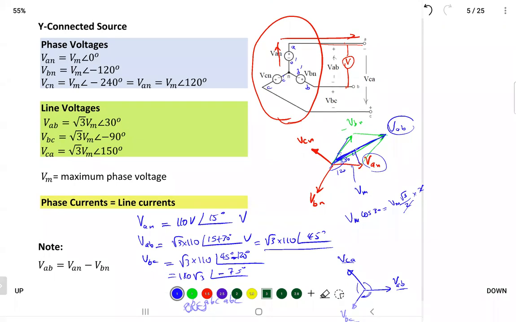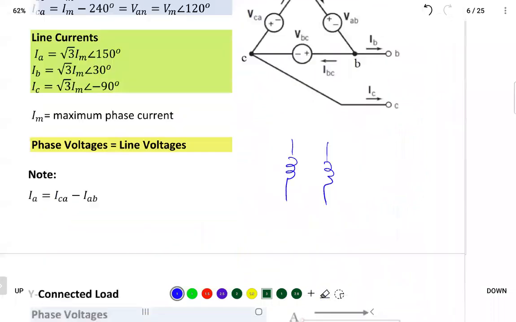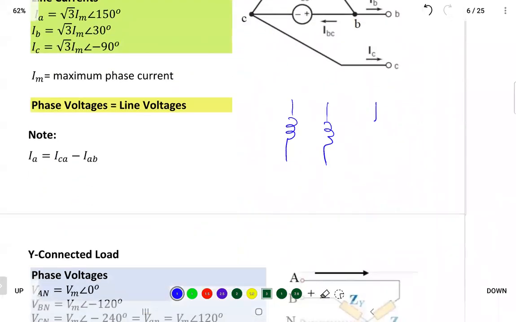Okay, so when we go to delta, I remember that in the lab a long time ago. If you have A dash, B dash, C dash, and you want to make it star, you connect them just like that. That's the star; call it neutral, and then you get the output from here.